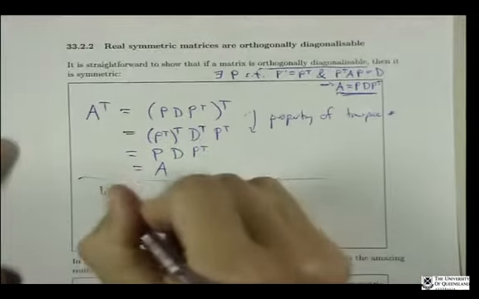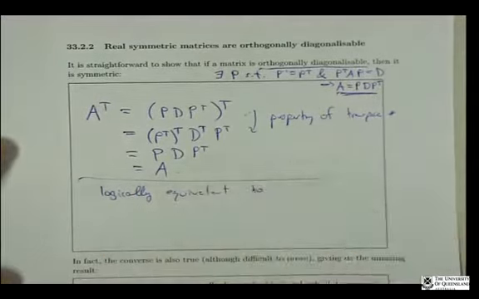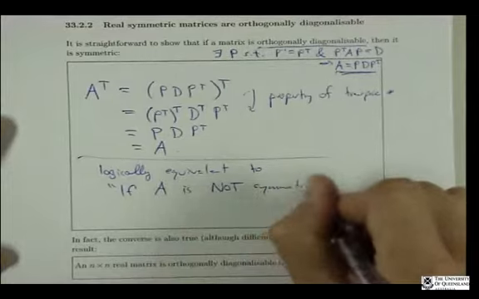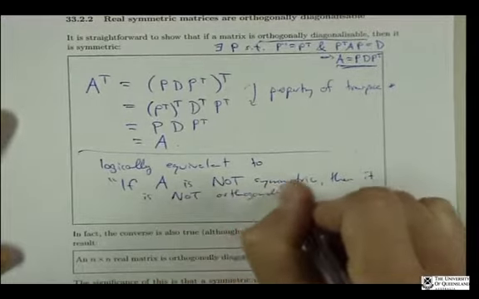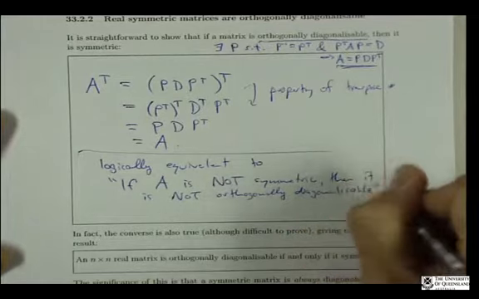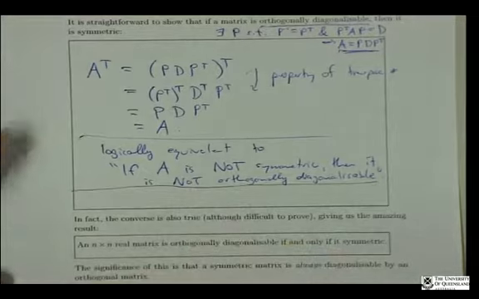This is actually logically equivalent to the following statement: if A is not symmetric, then it is not orthogonally diagonalizable. This logical equivalence is known as, especially if you've studied Math 1061, you will have heard of the contrapositive of a statement.